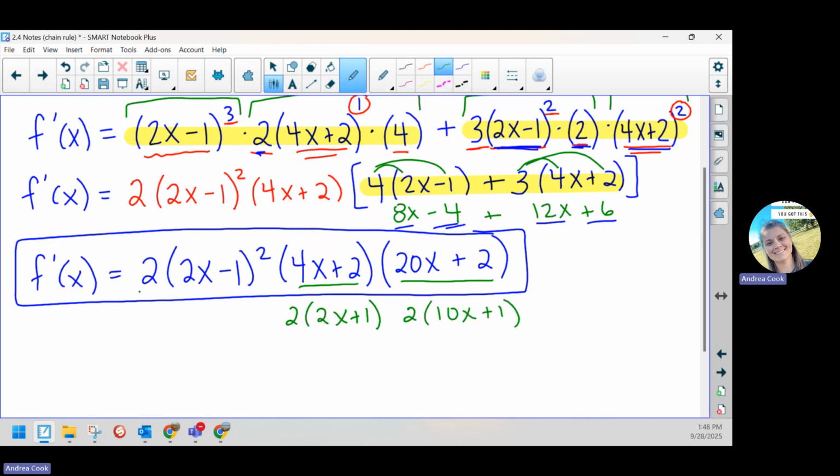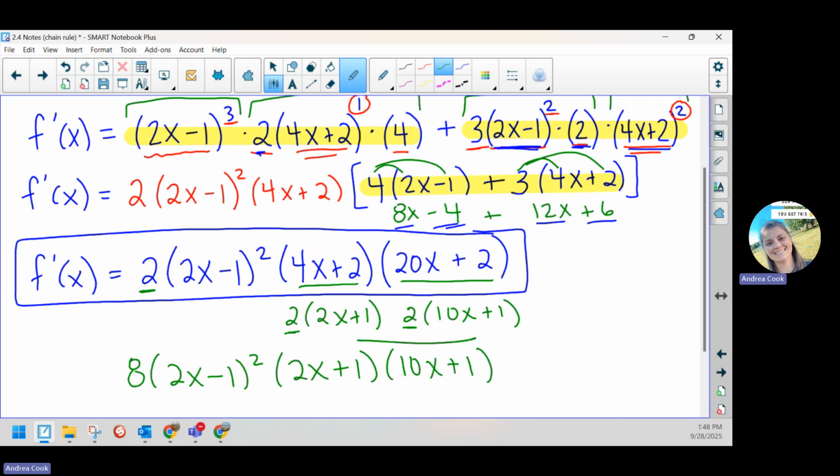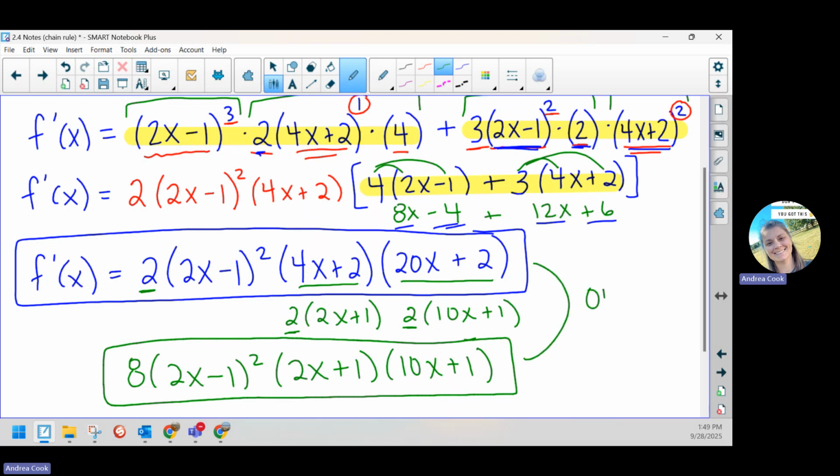So now we have this 2 times 2 times 2, which would give us 8. And then 2x minus 1 squared, 2x plus 1, and 10x plus 1. So that's just even more simplified, but either one would be fine.